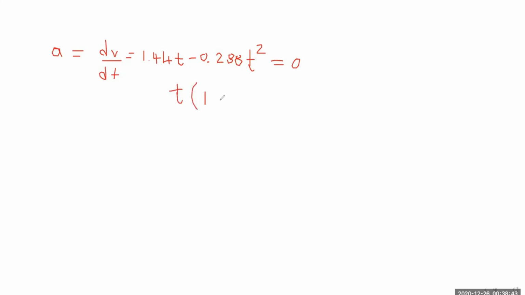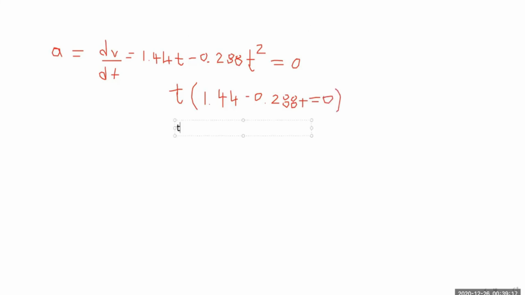Factoring out t, we're solving 1.44 minus 0.288 t is equal to 0. Solving this, we're going to get two possibilities.